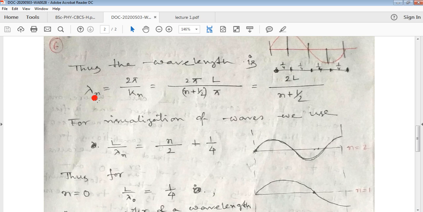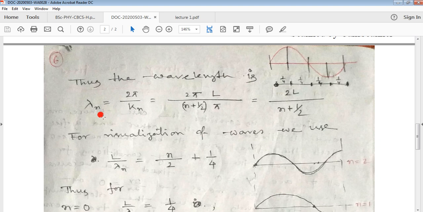We know lambda nu equals velocity, so nu equals v by lambda n, and if we use this relation, then finally we can obtain all the quantities in terms of L. So the general expression for the wavelength of the standing wave is lambda n equal to 2L by (n plus half).